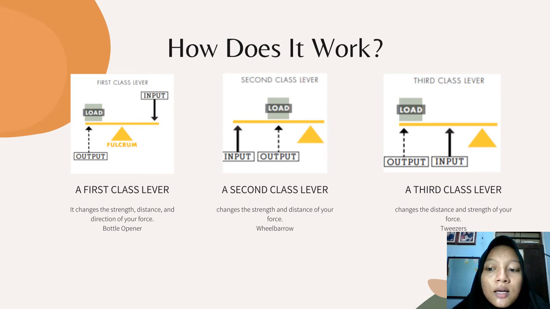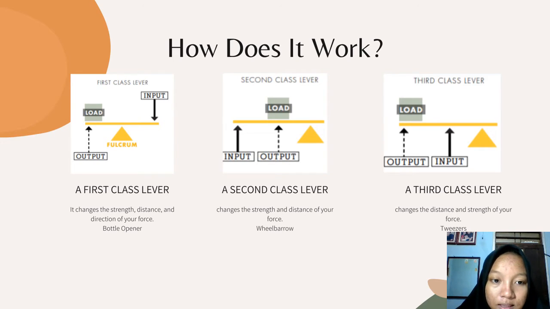So how does the lever work? Levers help lift, launch, and balance objects. And there are three different types of levers, and each type will help you do work in a different way.